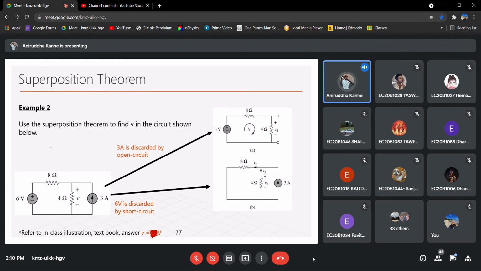I want you to try it once on your own, and you have to tell me the answer. Use superposition to find V in the circuit. So what is V? V is the voltage across this 4 ohm resistance. Now, what is the voltage across this 4 ohm resistance?